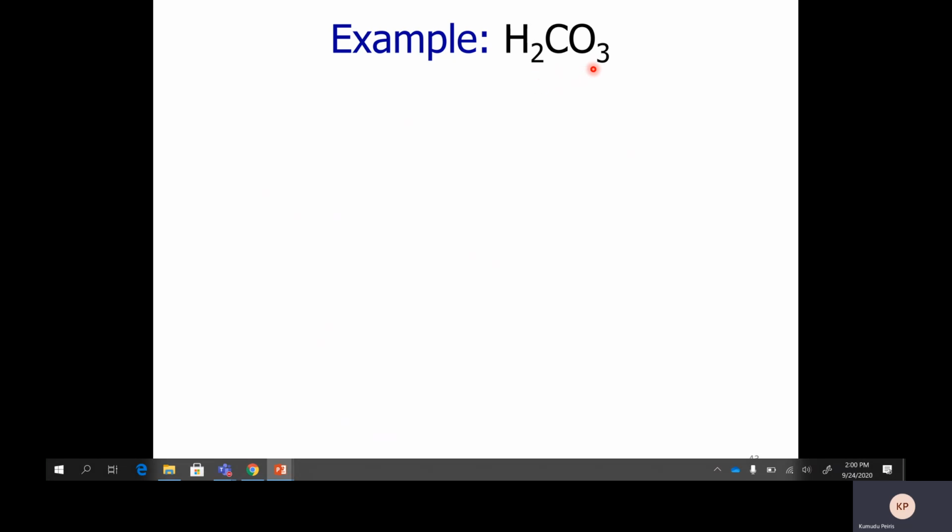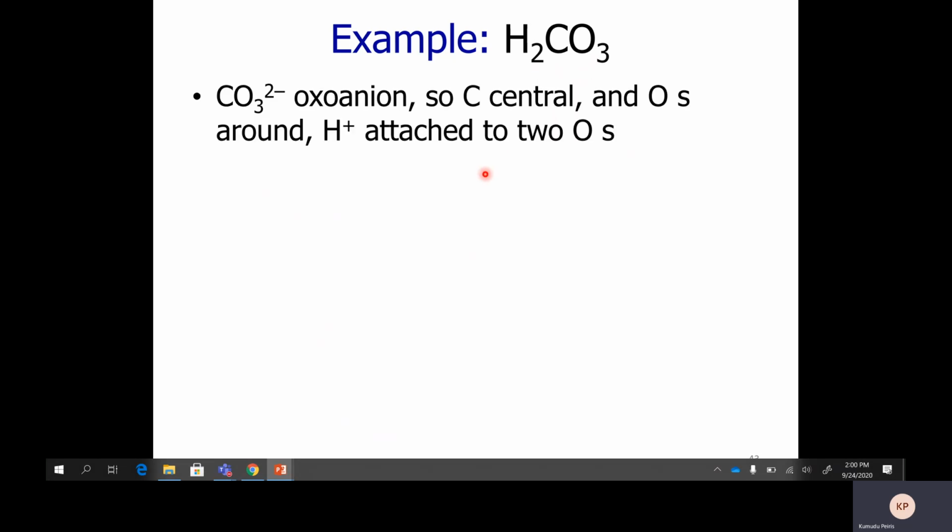When we look at the structure of this molecule, it is actually the carbonate CO3 2 minus oxoanion connected with two H pluses. In this carbonate ion, the carbon is the central atom.